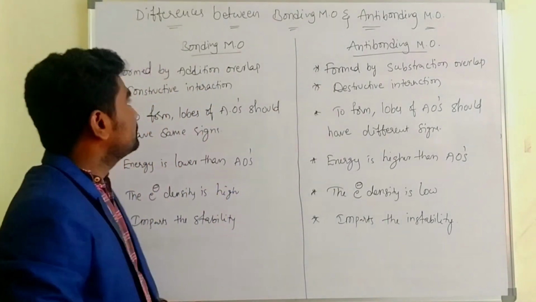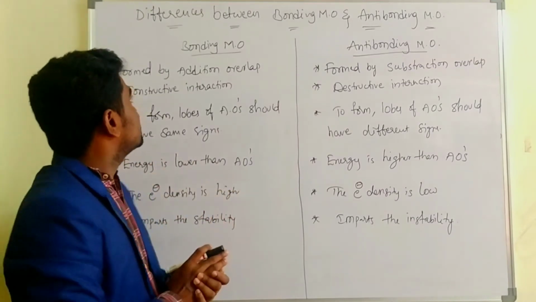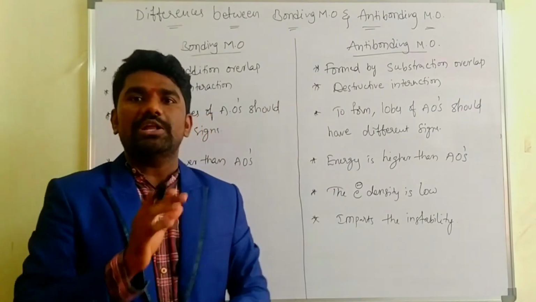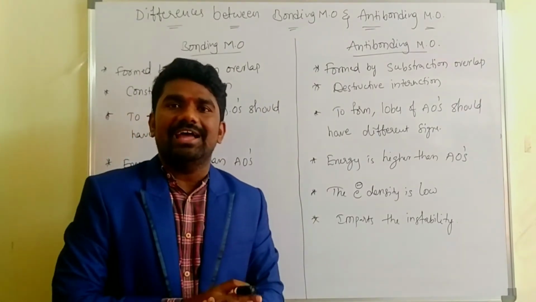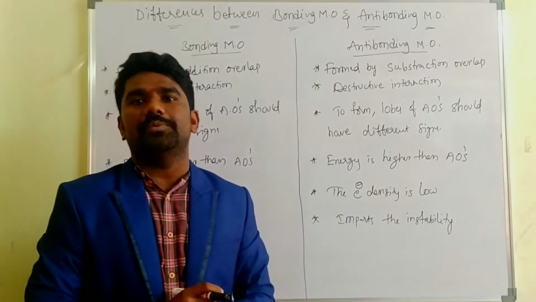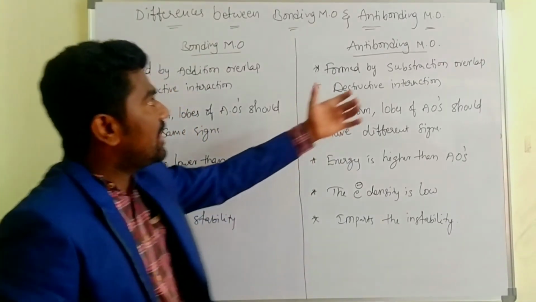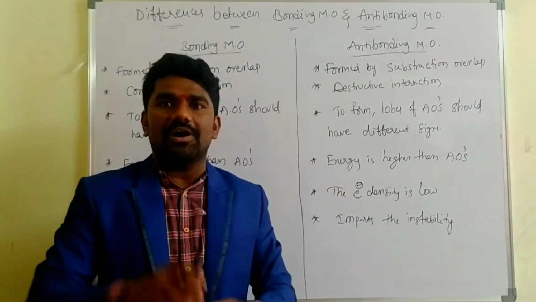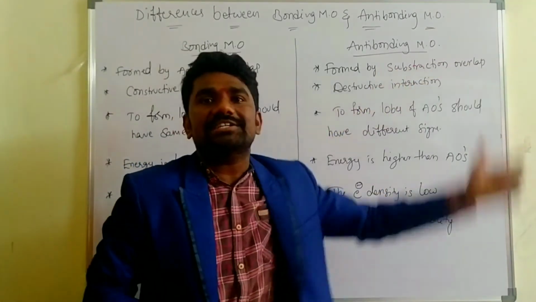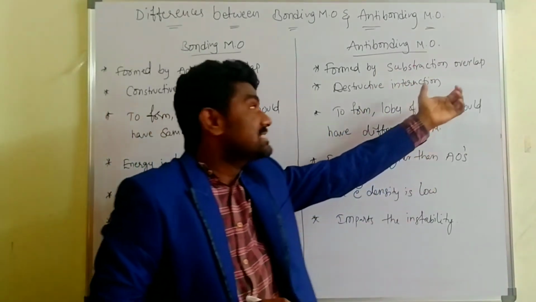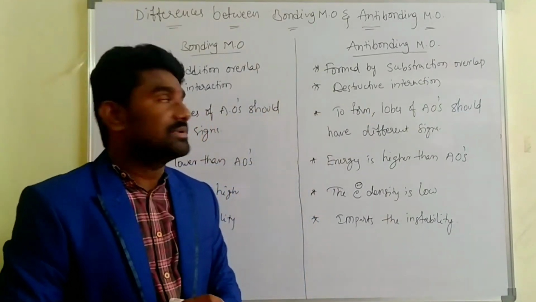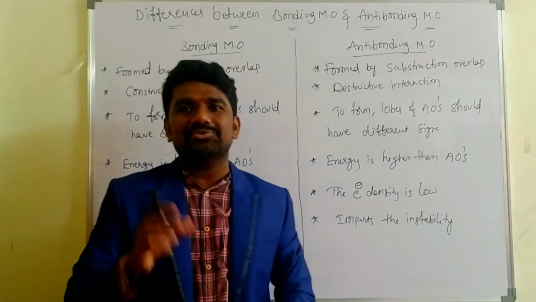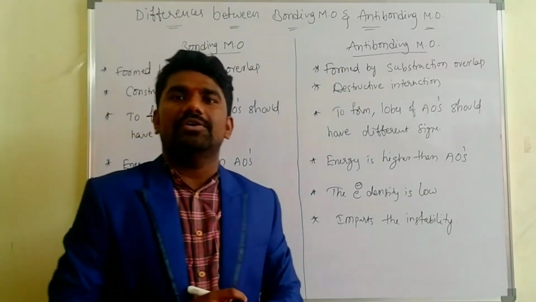In the first point, the bonding molecular orbitals are formed by the addition overlap of atomic orbitals, while the antibonding molecular orbitals are formed by the subtraction overlap of atomic orbitals.